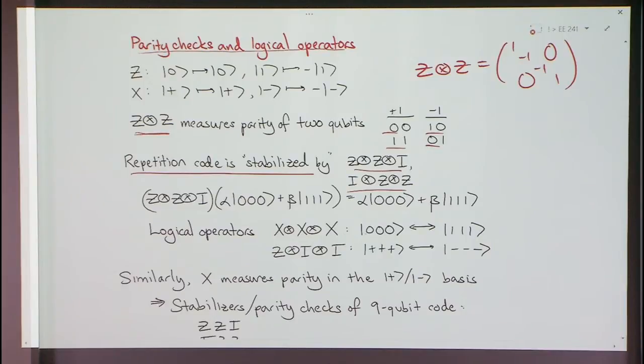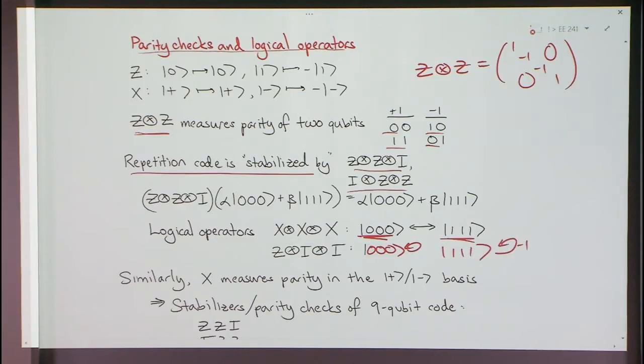If you want to switch logical 0 with logical 1, where logical 0 is 3 zeros and logical 1 is 3 ones, you just apply X tensor X tensor X. If you want to switch the relative phase between the two, just apply Z tensor identity.